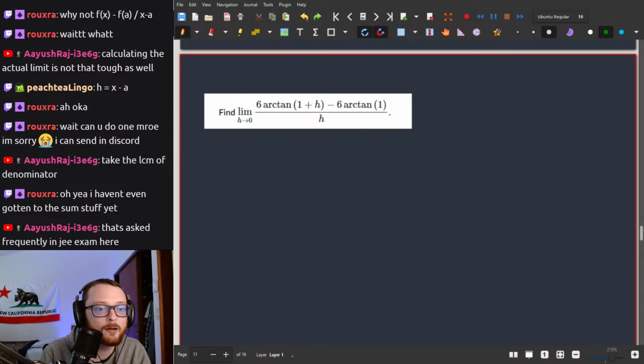So we just have to notice, and we may not, but f of x plus h here is 6 arctan of x plus h, and this is our f of x. You just have to notice this, and it's not easy to notice if you haven't seen this trick before.